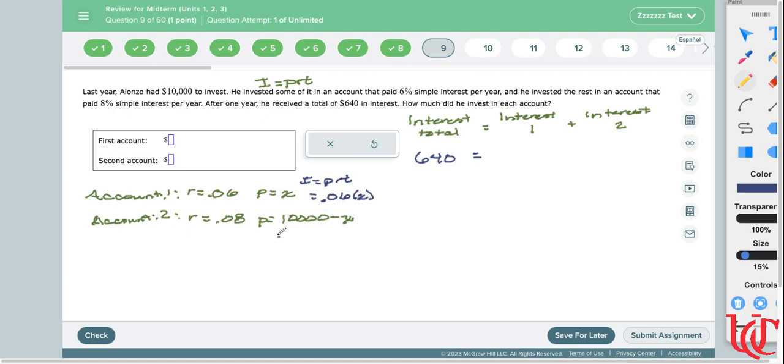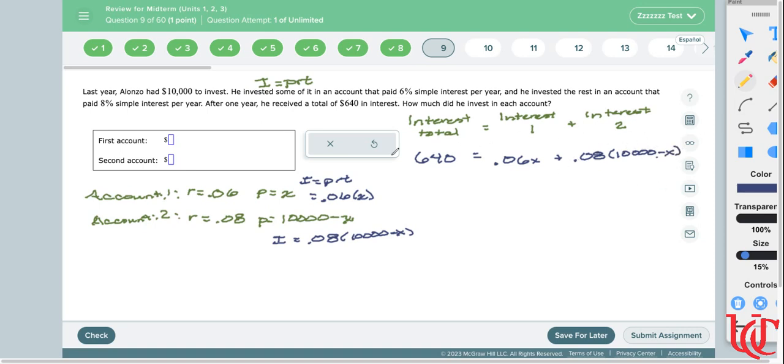And this one, I is going to be 0.08 times 10,000 minus X. And those are what's going to go into our equation. So interest 1 is 0.06X plus 0.08 times 10,000 minus X.